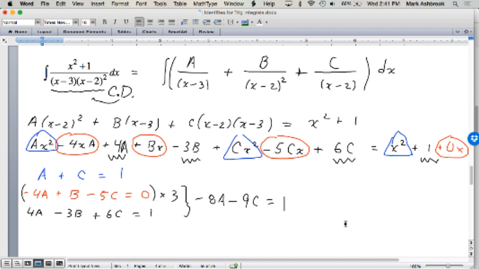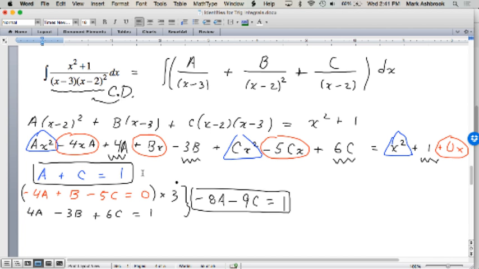I think that's right. So now we've got 2 equations, 2 variables, right? So I can combine that one and that one. And now I'll use substitution. Just to try something different here, substitution lends itself well here. A equals what? A equals 1 minus c, right?